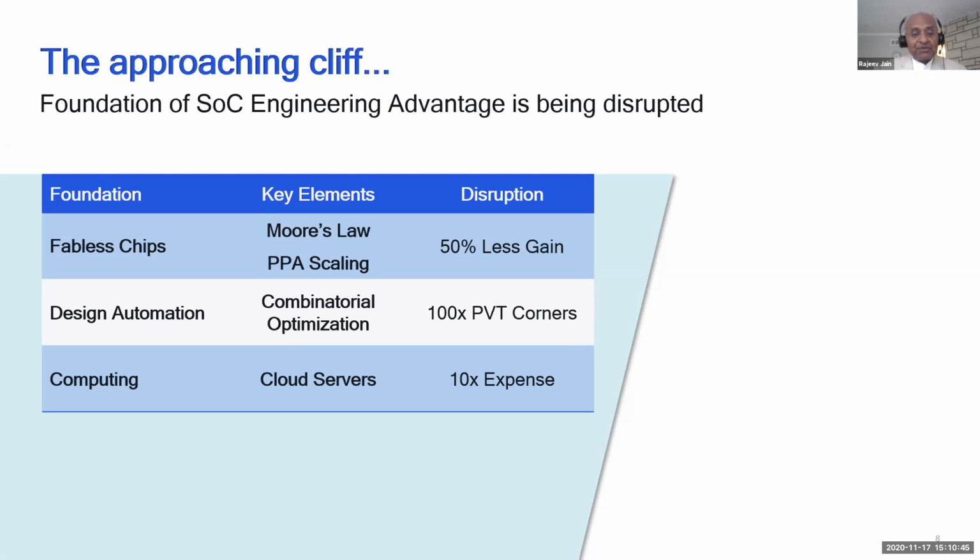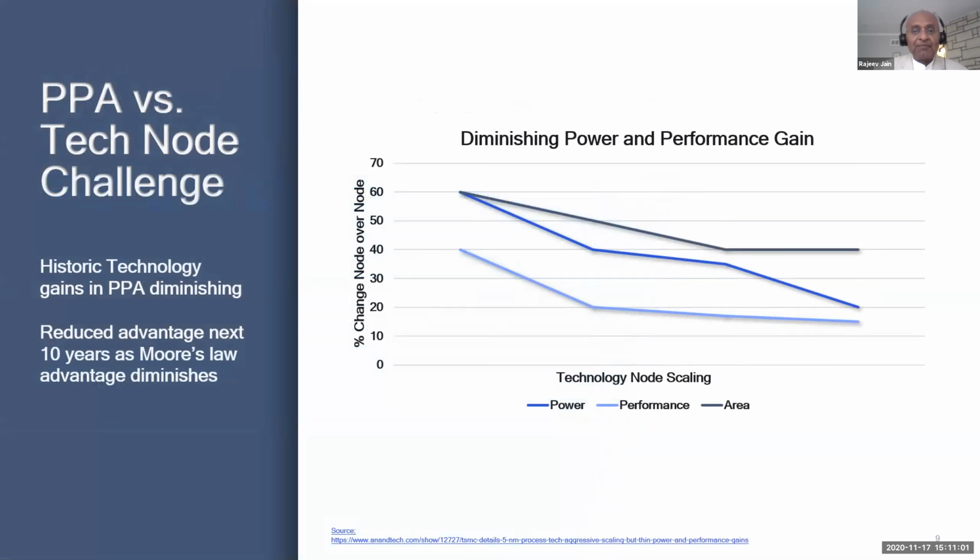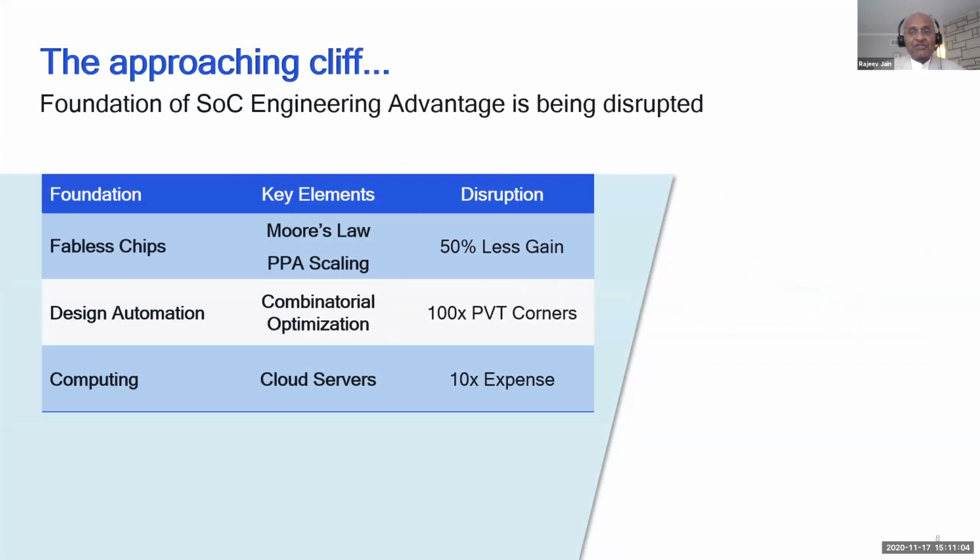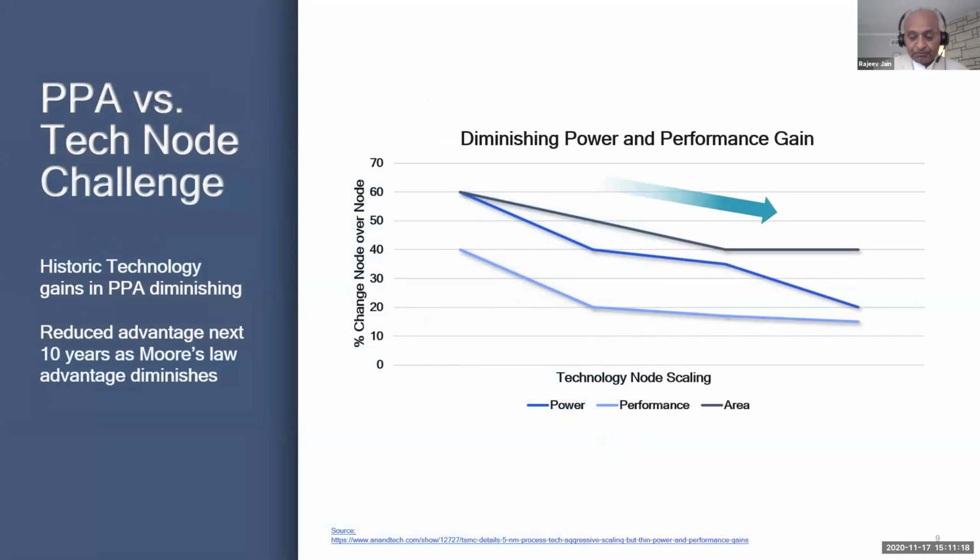And finally, precisely because of that problem, we also now have to run the tools through many more iterations than we used to, which also means that the computing expense is almost going up 10x. So you look at these three different disruptions that are affecting us, and it's clear that the current design methodologies and processes are not going to be viable looking into the future. So we have to have something new that is going to help us deal with this disruption.